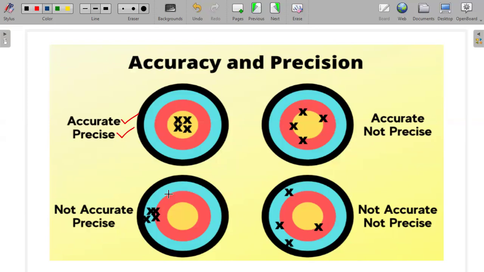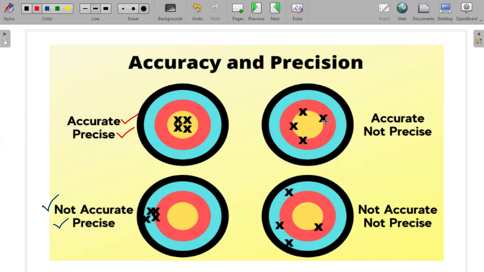When you look at this second diagram, we are hitting somewhere which is far from the yellow spot, or the target, so we are going to say it's not accurate. But since these are still close together like that, we are going to say they are precise.